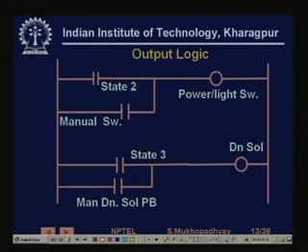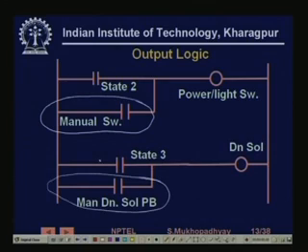The only thing is that look here, we have also added some manual switch. Sometimes we may need to check, we may need to do things manually also. So the power light switch will be on. Here we have put a manual switch. So if the PLC is running, then if we press the manual switch, the power light switch may also be made on.